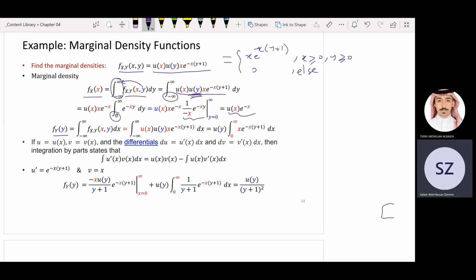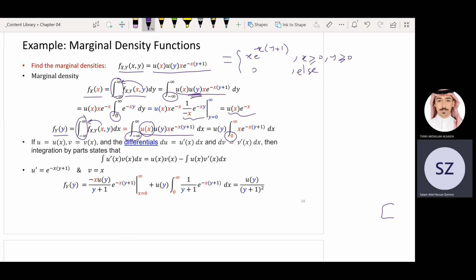Similarly, if we want to find the PDF of y, we integrate with respect to x. Now the integral is with respect to x. Again, we write the joint PDF, the integral from minus infinity to infinity, but now we use u of x to change the limit. u of x makes the limit equal 0 because the PDF for x less than 0 equals 0.